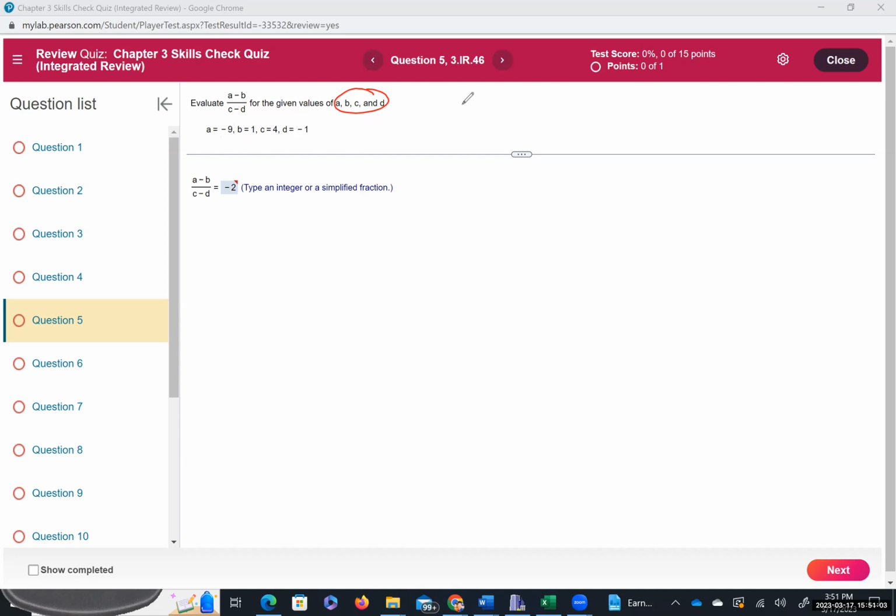Substitute -9 for A, minus B, which is 1, over C, which is 4, minus D, which is -1. So I will get -10 on the top over 4 plus 1, which is 5. And I will get -2 as the answer.